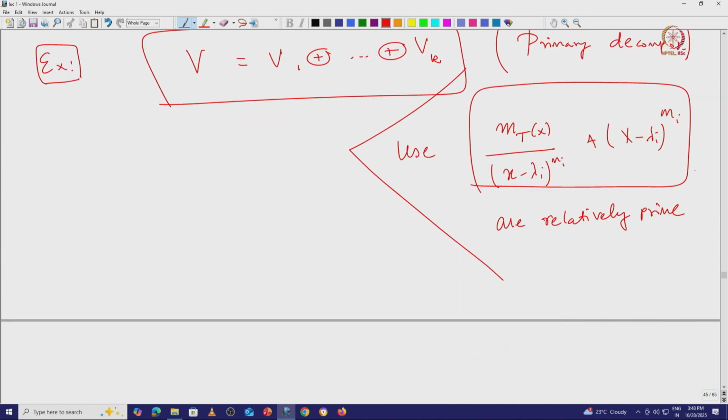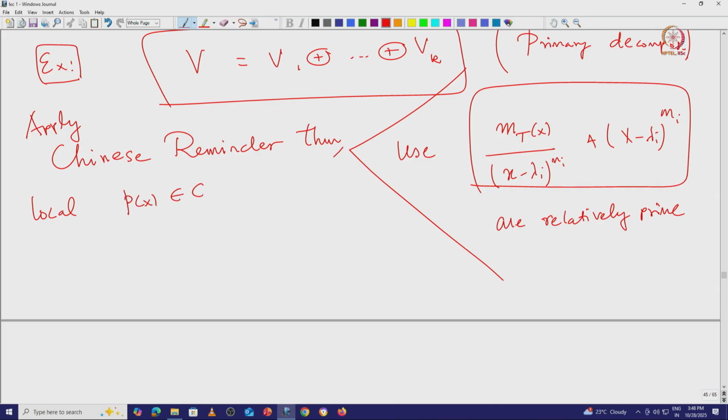Use the Chinese remainder theorem and locate the polynomial p(x) in C[x] such that p(x) is congruent to lambda_i modulo (x minus lambda_i) to the power m_i, for each i.